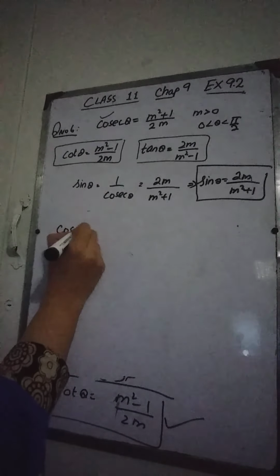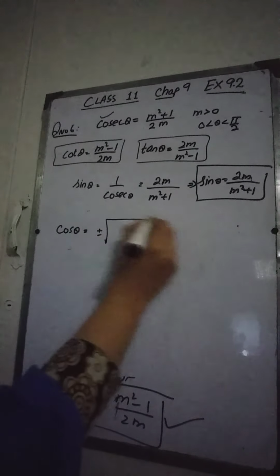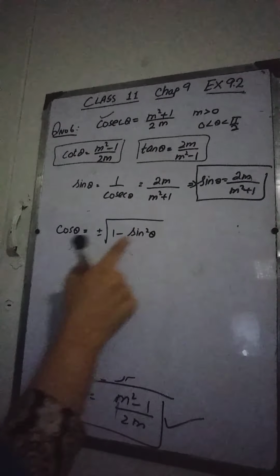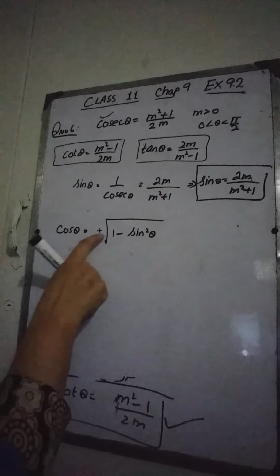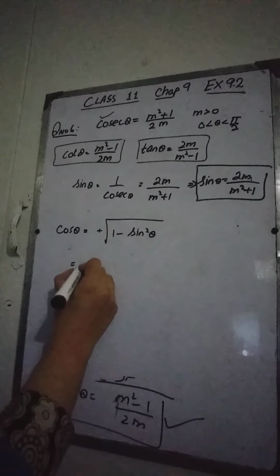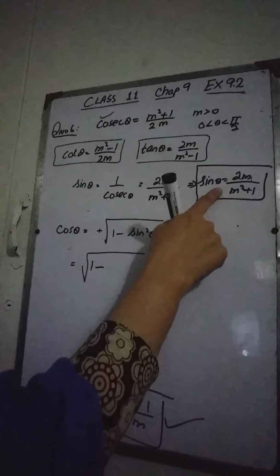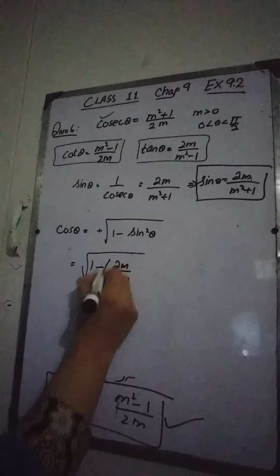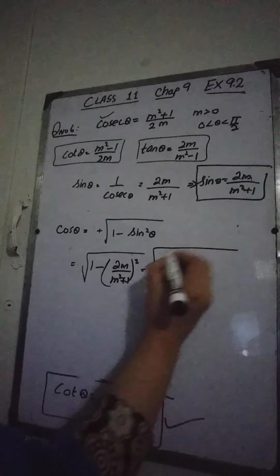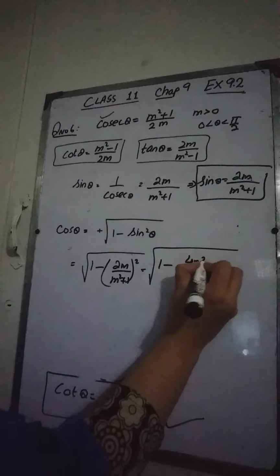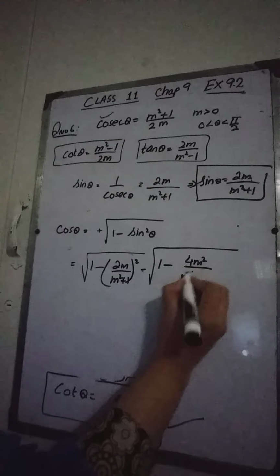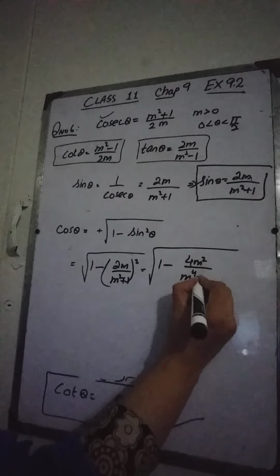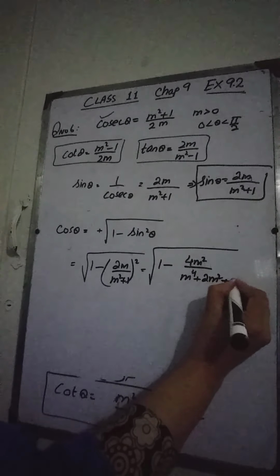Now we know that cos theta is equal to plus minus under root 1 minus sin square theta. Putting the values of sin square, but as the angle is in the first quadrant, we will ignore this negative sign. We will take the positive only. This will be equal to 1 minus, putting the values of sin theta, 2m over m square plus 1 whole square. This is equal to 1 minus 4m square, and opening this using the formula a plus b whole square, a square plus 2ab plus b square.